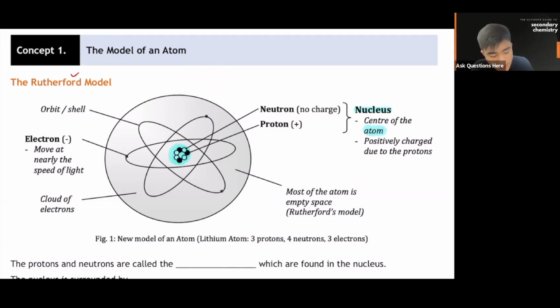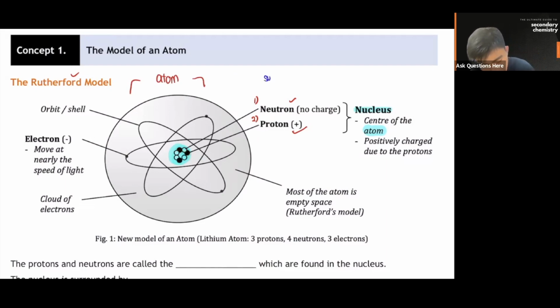What is in the nucleus is basically these two things. You may want to copy this down as well. Firstly, we have neutrons, which are inside the nucleus. And proton is also inside the nucleus. So these are the two subatomic particles that are inside the nucleus. This entire thing over here is known as the atom. And whatever is found inside the atom, what do we call this?